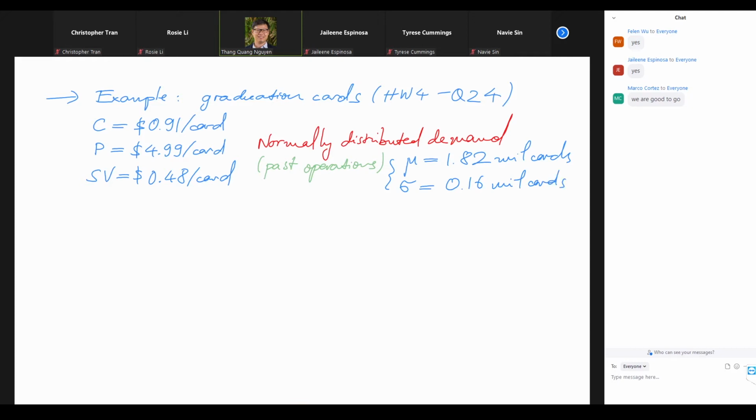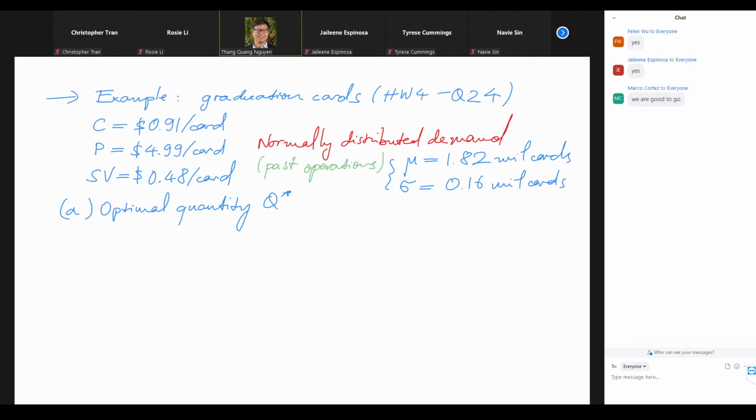So if it is a normal distribution, we need to know these two parameters to characterize the distribution. All right, so here's part A. In part A, we need to find the optimal quantity that we should carry for this graduation season, Q star.